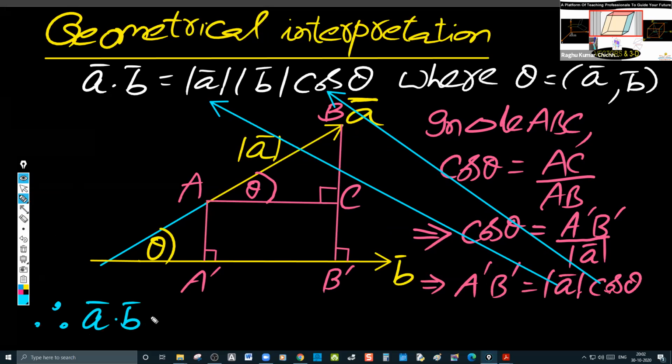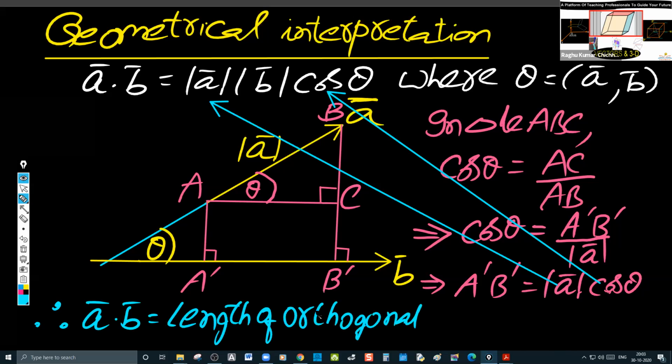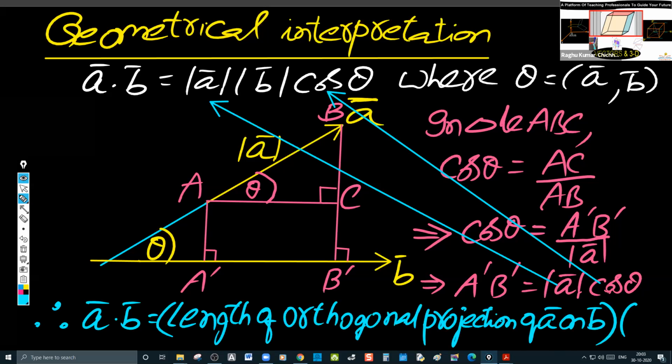is equal to the length of the orthogonal projection of A bar on B bar into the length of B bar, that is mod B bar.